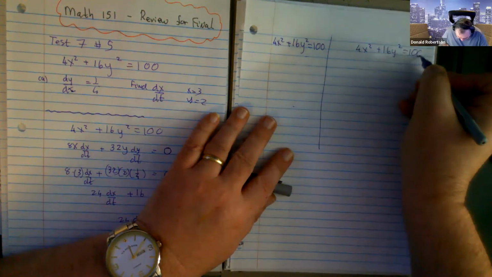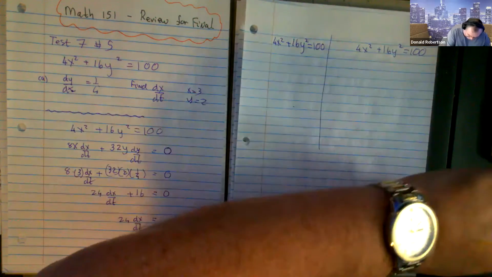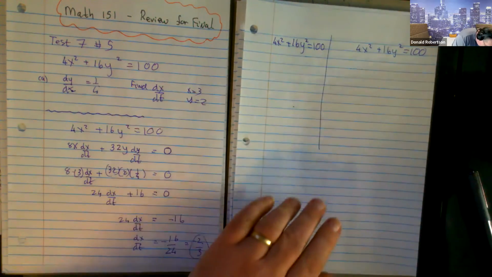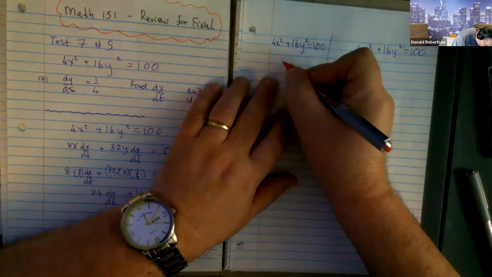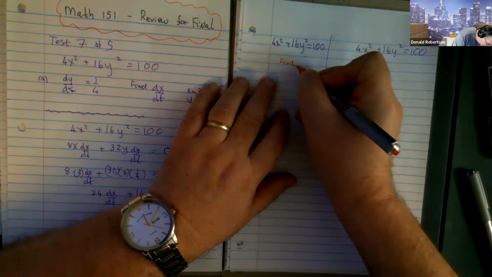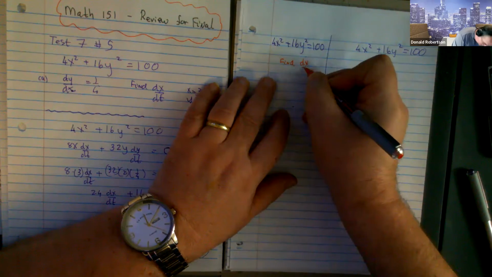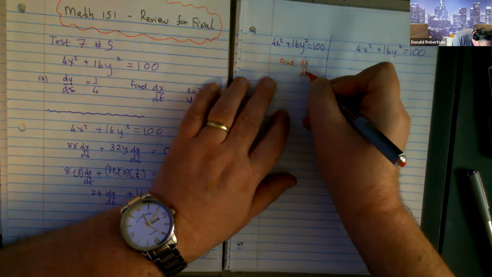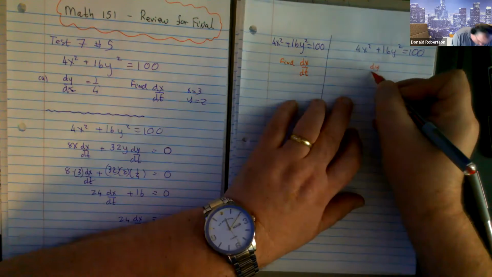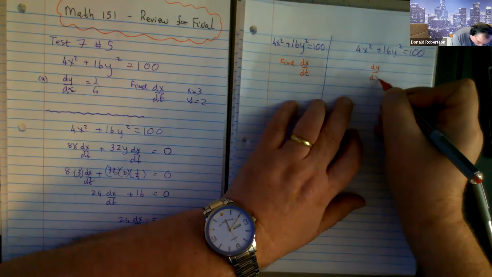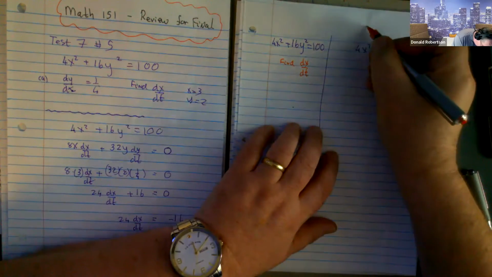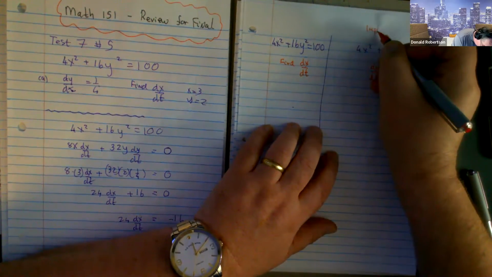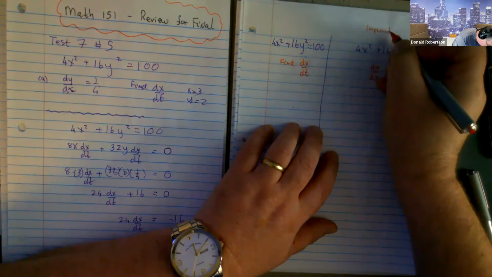The main difference, and the way you can tell the difference between the two methods, is that in one of them, you're going to be finding a derivative with respect to a guy called t, whereas in the other, you're going to be finding dy by dx. And so when you get this one, we call this implicit differentiation. And this is a related rate.